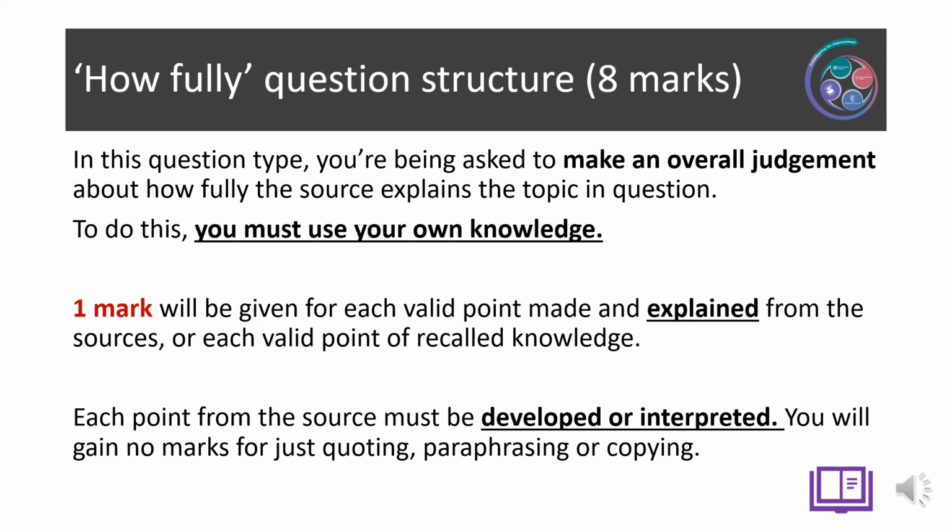You will achieve 1 mark for each valid point you make and explain from the sources, or a mark for each valid point of recalled knowledge. Each point from the source must be developed or interpreted. You will not gain any marks in a how fully question for simply quoting, paraphrasing, or copying from the source.